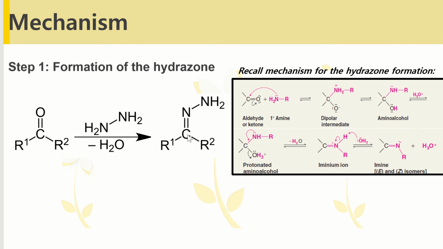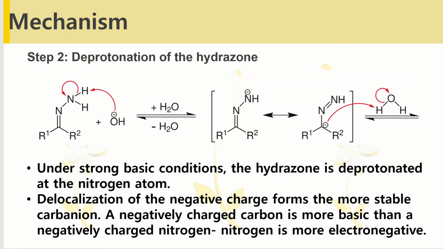I don't know if that rings a bell, but it should. At that time, we ended up with a carbon-nitrogen double bond as well, but the nitrogen was bonded to a hydroxyl group, as I said before. Hope that rings a bell. So that's the first step, recall the mechanism from previous lectures.